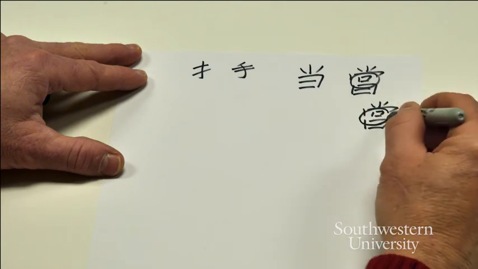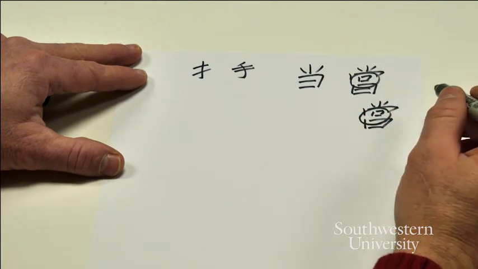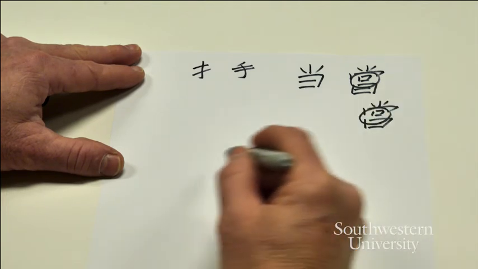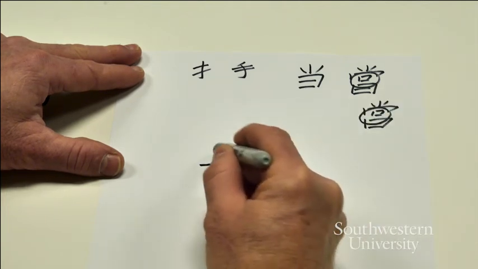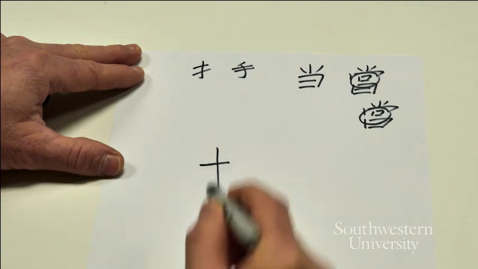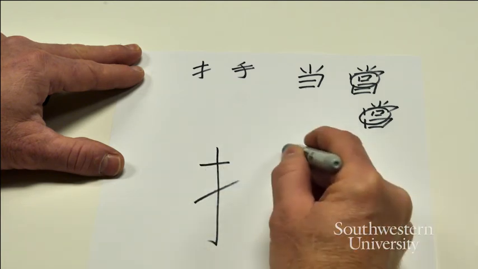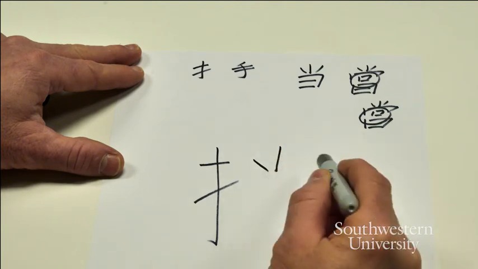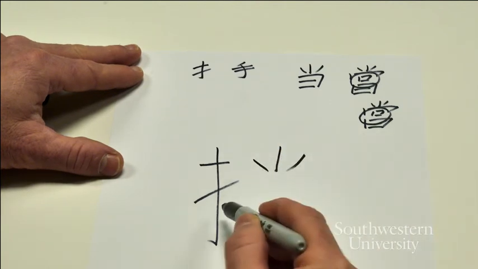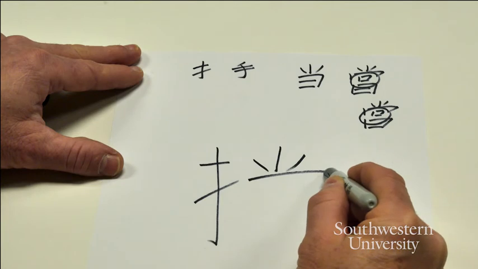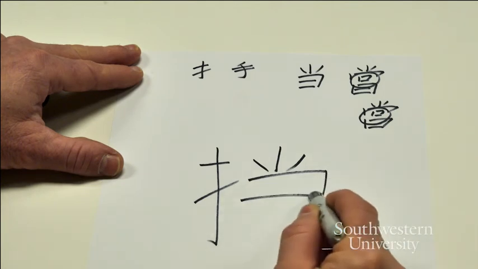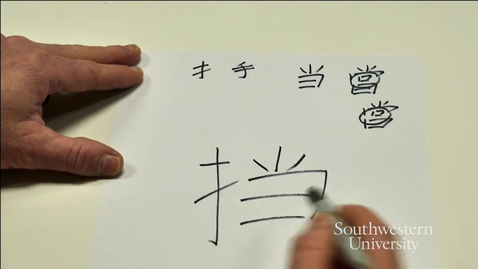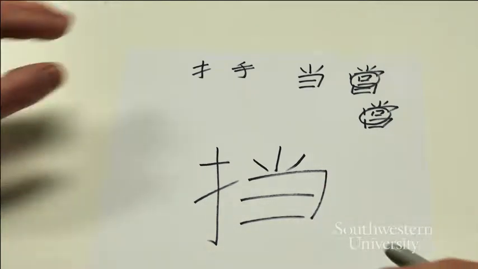We'll just ignore the traditional character for now. You write the center one first, dian, dian, then you put the sides in. Don't cross through.